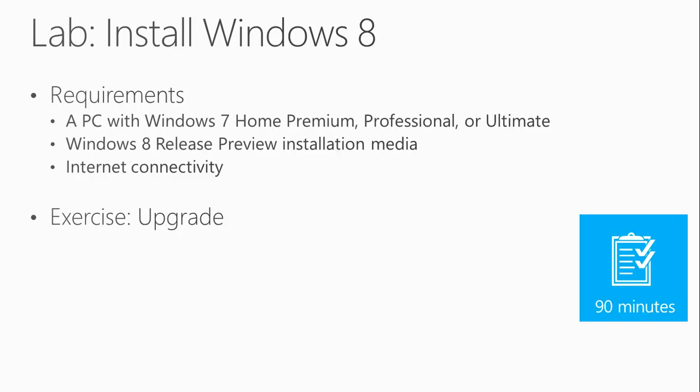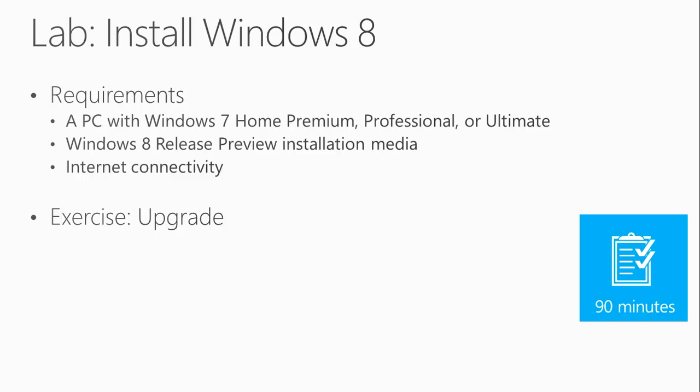Alright, so that brings us to a lab. Because this is a video, it's difficult for us to have that back and forth interaction that a lab normally would require. So my recommendation for you is that you pause the video, or wait until it finishes at the end of the setup module here, and then look in the web version of the training for the lab, especially the upgrade exercise that is listed.